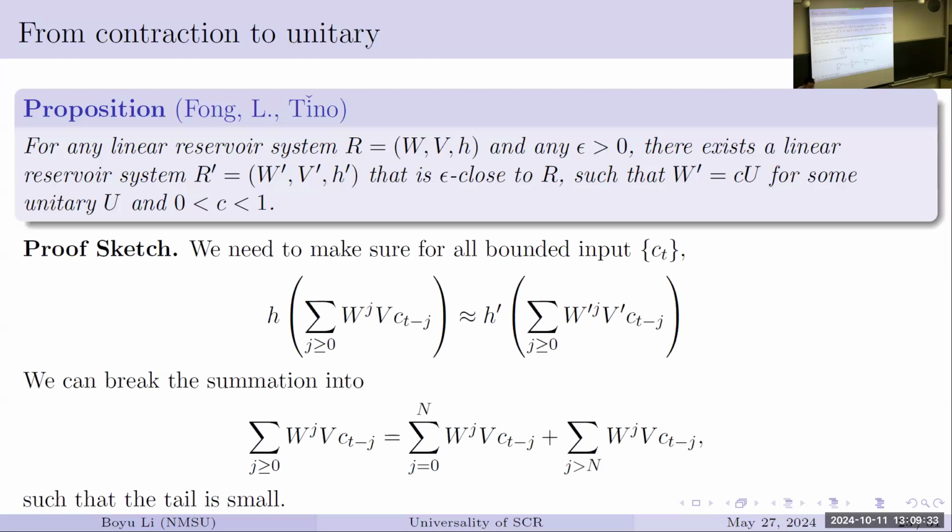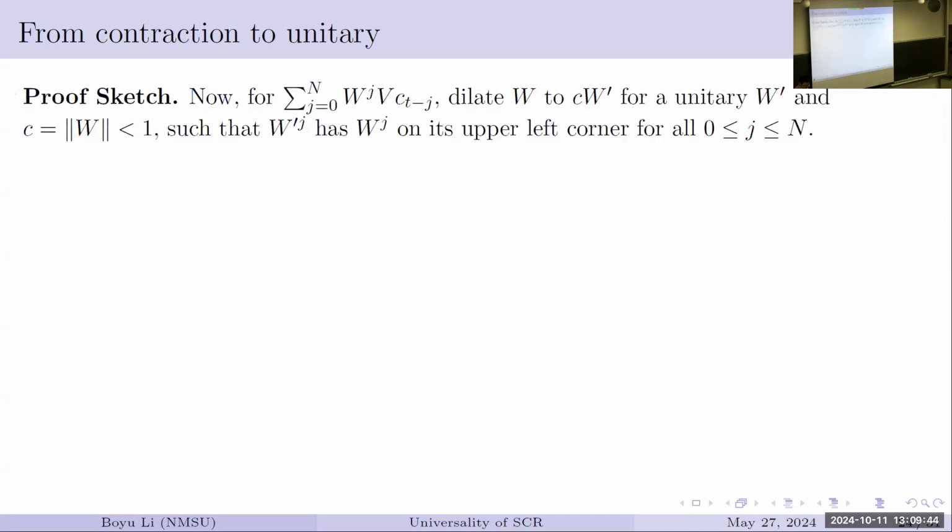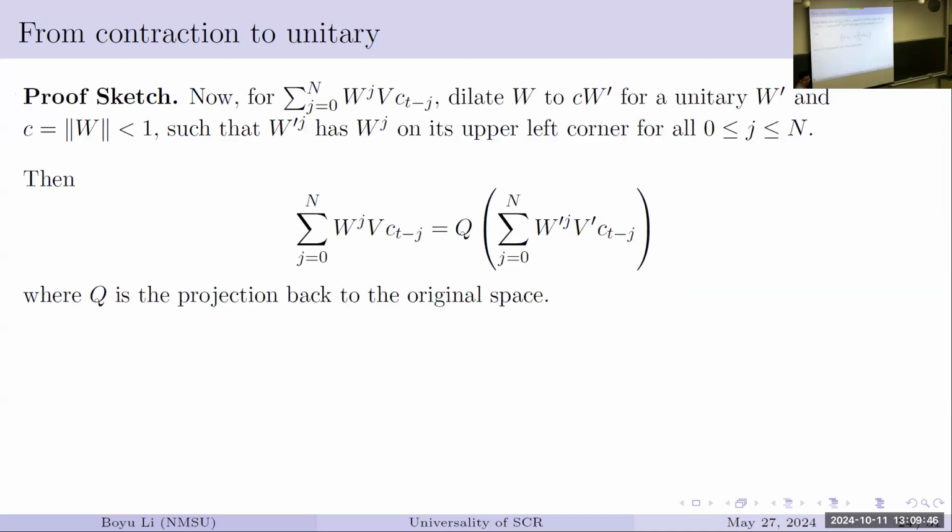And the proof is nice in the sense it's actually a constructive proof. What we do is we want to approximate the sum, and we break it into a finite sum and the tail, which is small because W is decaying. For the first part, we basically plug in a dilation. We dilate the W into W prime. We let Q be my projection back to the original space, and the first n terms will be exactly equal. And we forget about the tail.